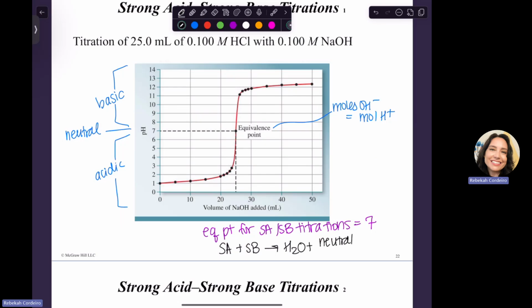Remember when we talked about the salts being acidic, basic, or neutral? If you have a salt that comes from a strong acid and a strong base, it would be neutral for both the cation and the anion, so it'd be a neutral salt. So that means that the pH of our neutralization point is 7.